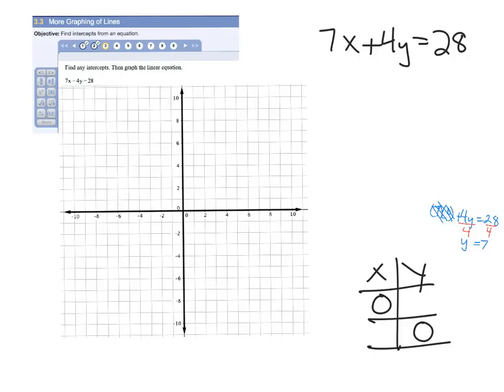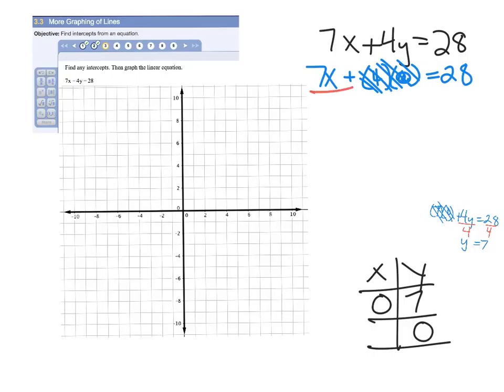And so let's put that in right here. And then we have to figure out, what is x when y is 0? So now it's y's turn to be 0, and we need to figure out what x is going to be. So 4 times 0, that's nothing. So we end up with 7x is equal to 28.